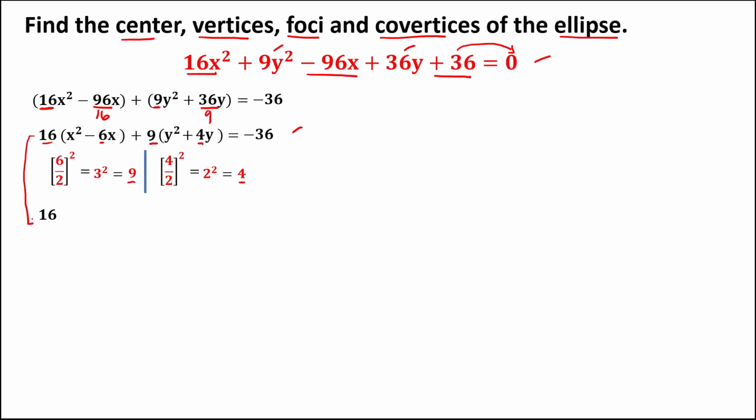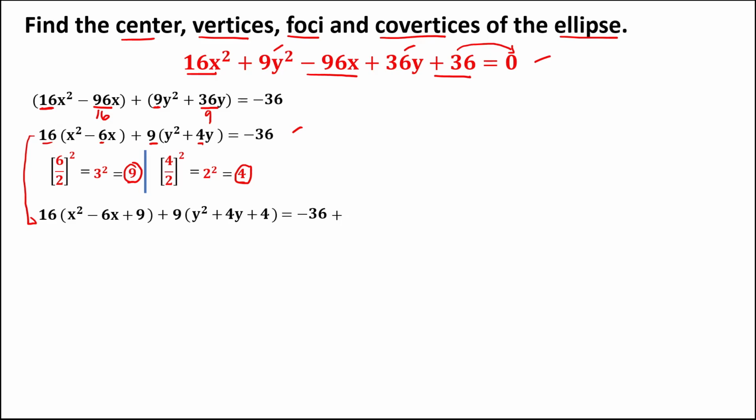So this becomes 16 times x squared minus 6x plus 9, then 9 times y squared plus 4y plus 4, then equals negative 36, then plus.